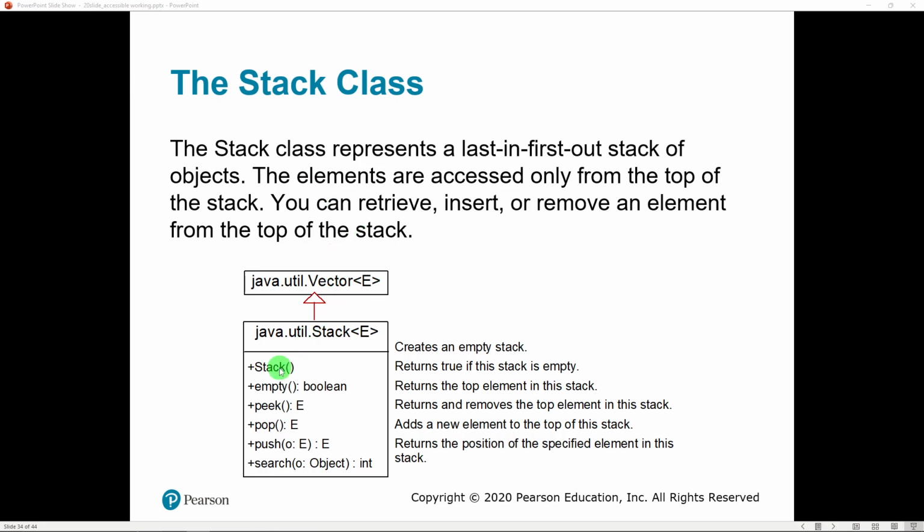If we look here, some of the methods, now these aren't lined up very well on this slide. Stack creates an empty stack. That's the constructor. We can check to see if the stack is empty. That returns a Boolean. We can do a peek, and a peek will tell us what the top element is on our stack. So we can peek at that top pancake. We can see it. Does it have chocolate chips in it?